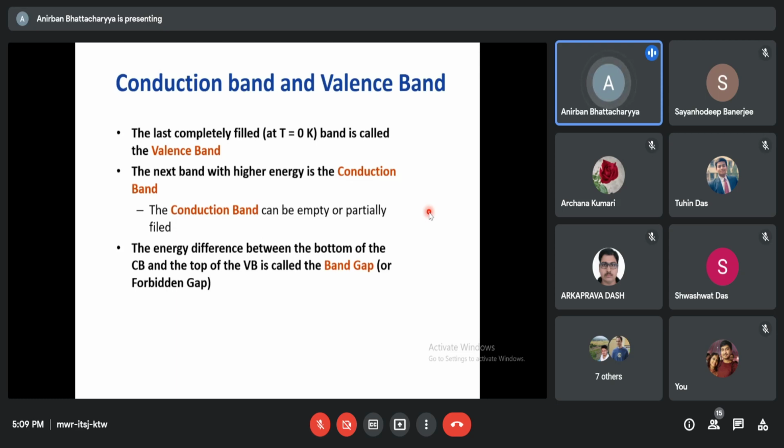If you shine light, what will happen? The photons will do what? If you shine light on this material which has a partially filled conduction band, what will happen to the electrons? The photons will fall on the material, electrons will gain energy and go to the next level.